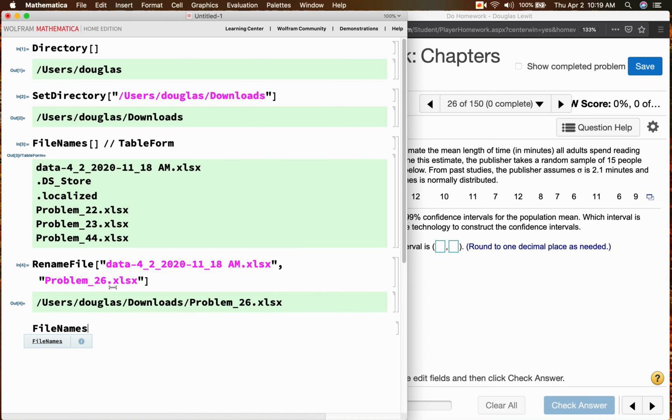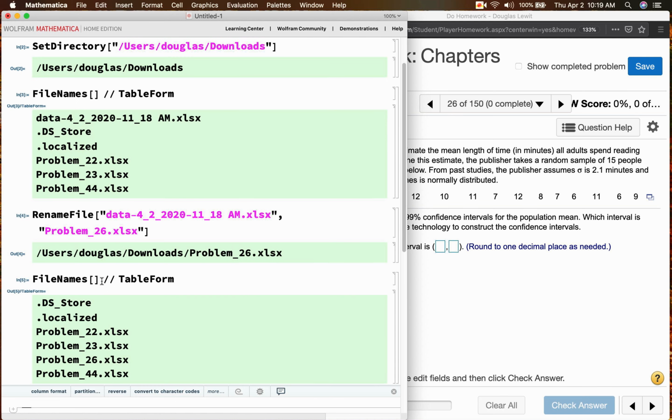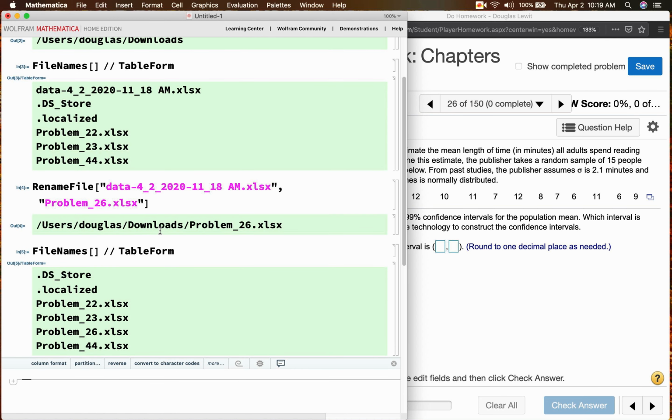So now if I use file names, I see that I changed the name to problem 26.xlsx, which is right here.